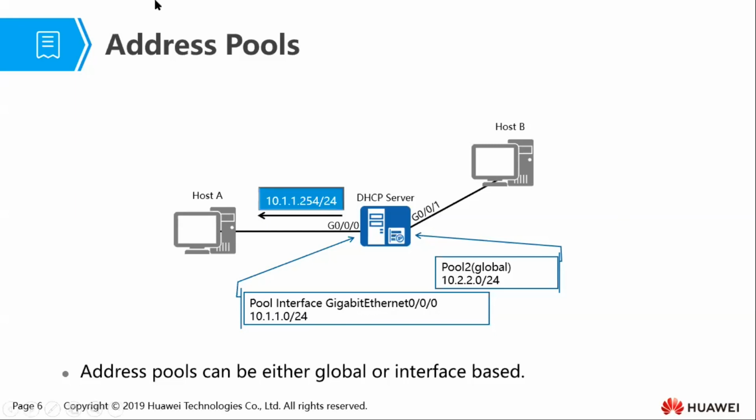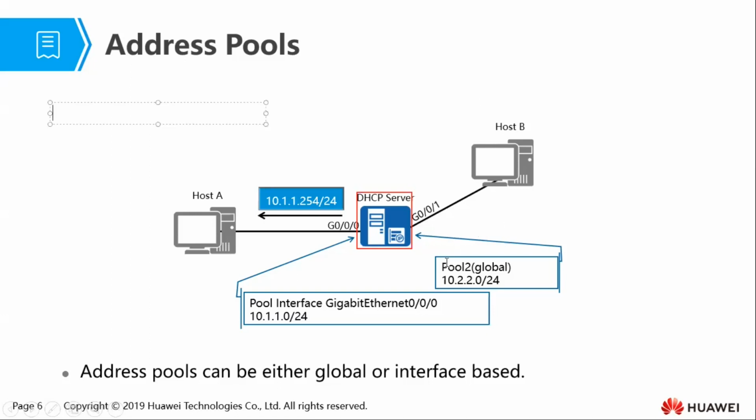So in the global pool, you've configured the global pool in your DHCP server so that anyone that is connected to that server can be assigned an address from that pool. And when you talk of a pool, we're talking of a range of IP addresses.